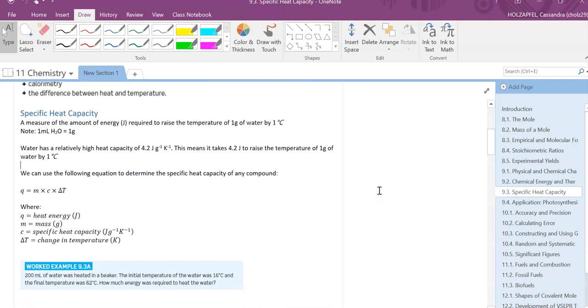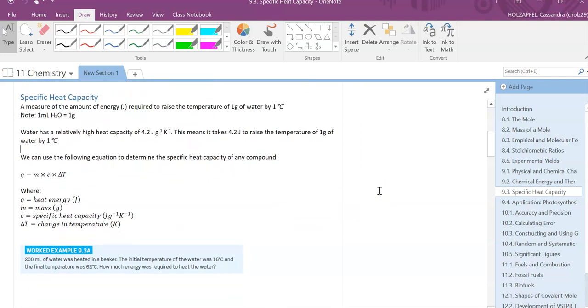Let's talk about what specific heat capacity actually means. So if I have a gram of water, now water is one of these really cool substances. I don't know what it is about water. It's such a unique compound and such a simple compound.